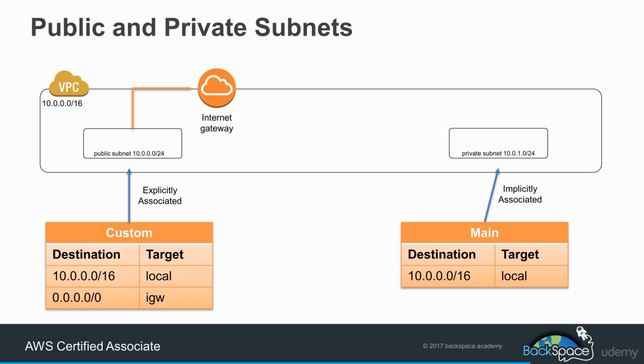And our private subnet, which would probably contain our database, because we don't want people to access our database directly, will allow just local traffic, which will allow it to communicate with the application server that's located in our public subnet.